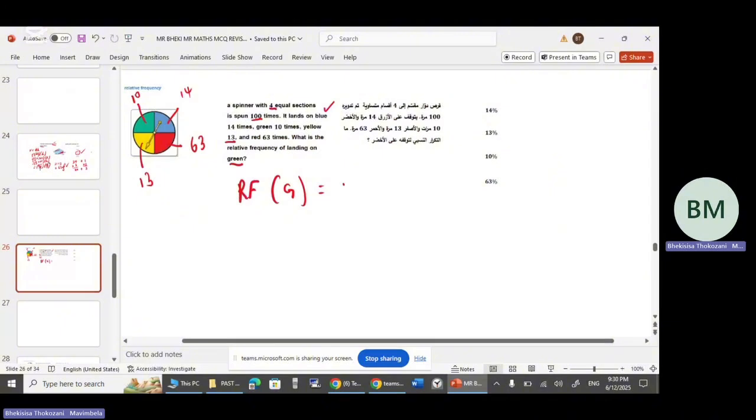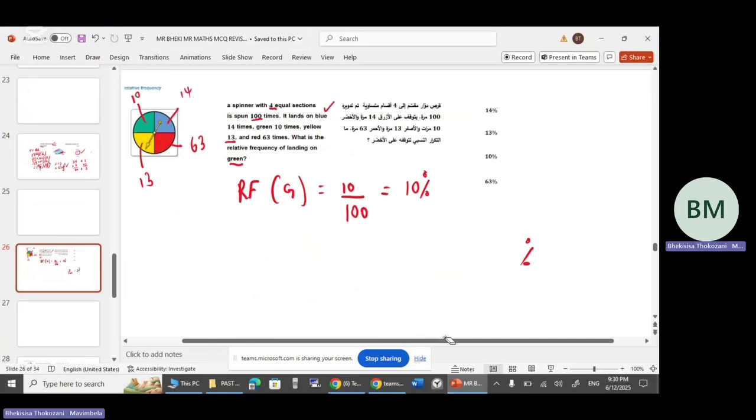Green is 10, so it's going to be 10. How many times was everything spun? 100 times. All right. So guys, we know that 10 over 100, it's 10%. Sorry, I nearly said 1%. It means 10%. Any number over 100 is that number percent. For example, if I have 3 over 100, it will mean that I have 3%. I hope I'm making sense. So you don't need to worry much. Okay.